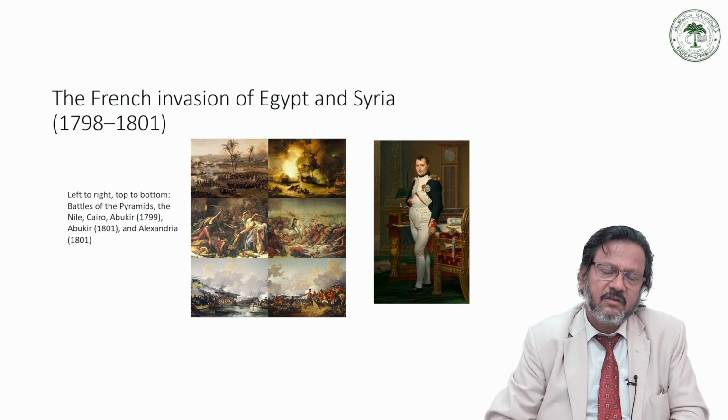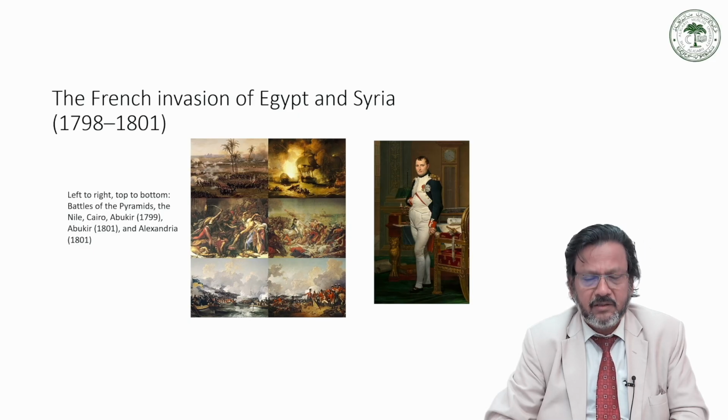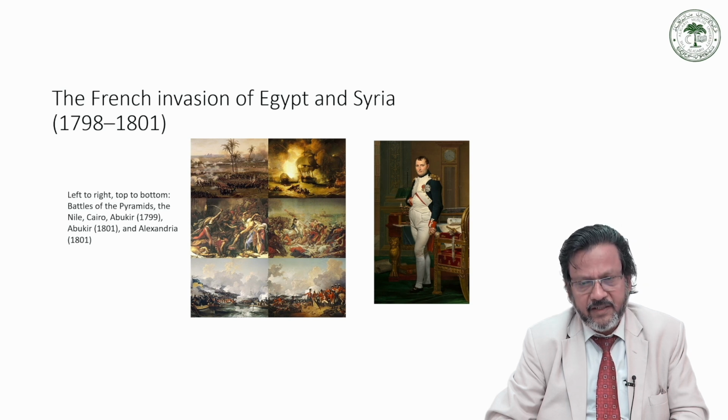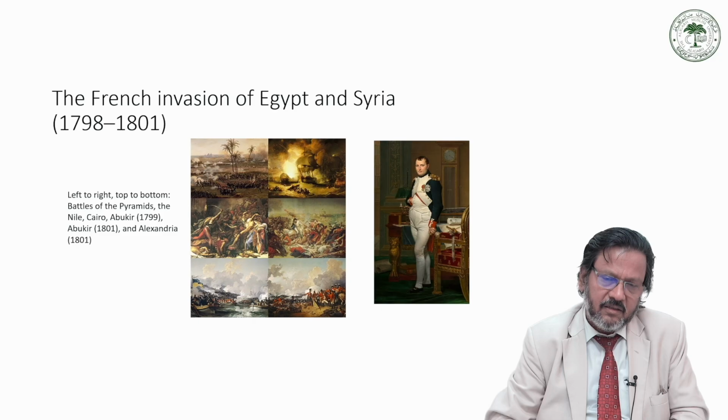This was the dawn of a new era as regards modern Arabic literature and literary discourse, and modern Arabic thought, which significantly impacted the political structure of the Arab world. That was the French invasion of Egypt, led by Napoleon Bonaparte.